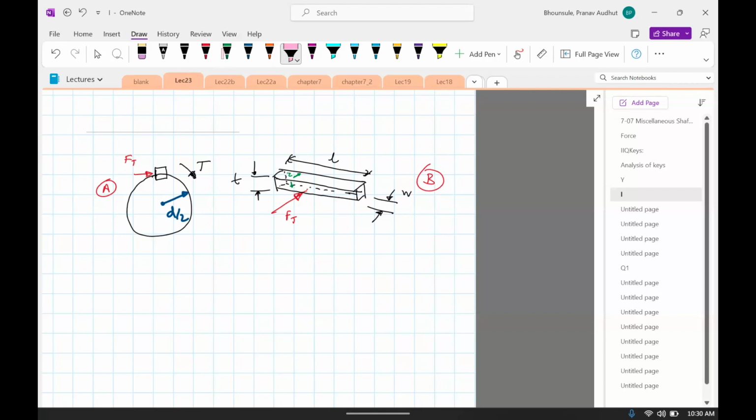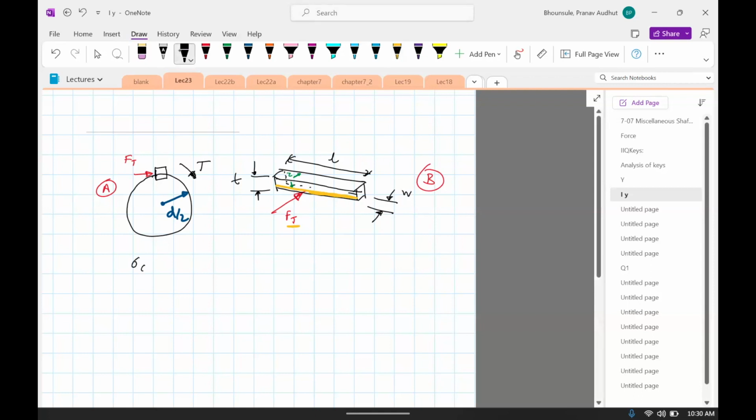So we'll assume that half the key is sitting inside the shaft. So it's this part which is sitting inside the shaft. This part is going to crush because of Ft.